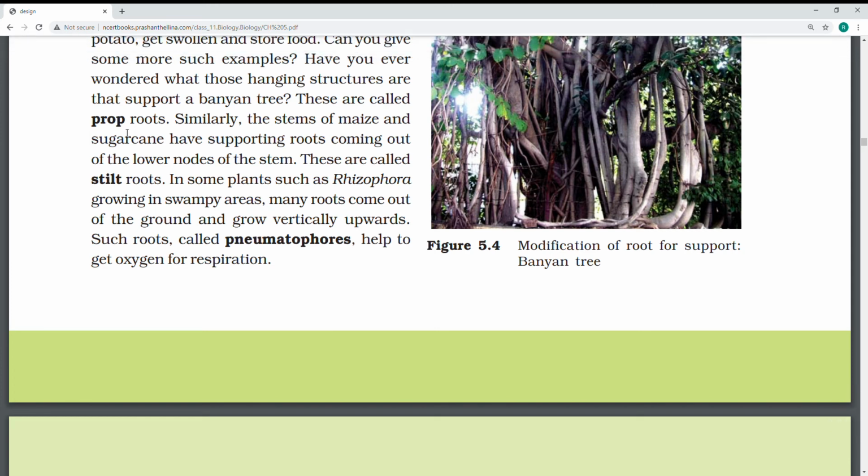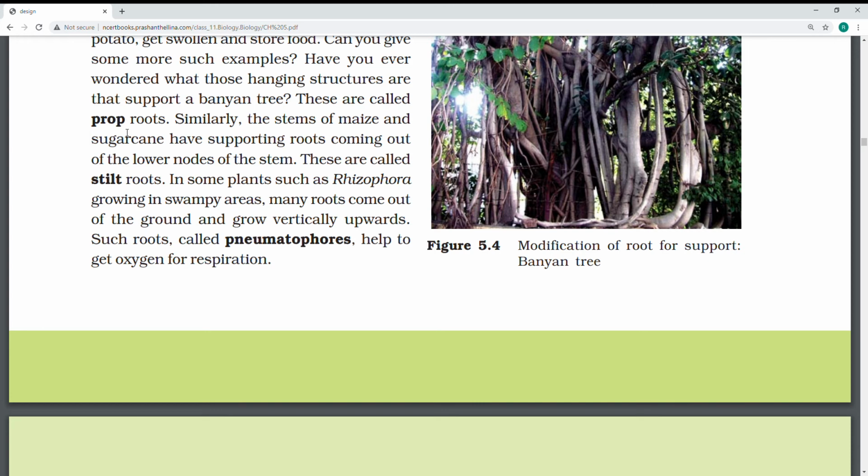The roots develop from branches, grow downward and penetrate into the soil. This gives strong support. That is why the banyan tree, Ficus bengalensis, lives for so many years, because of the strength it gets from prop roots.